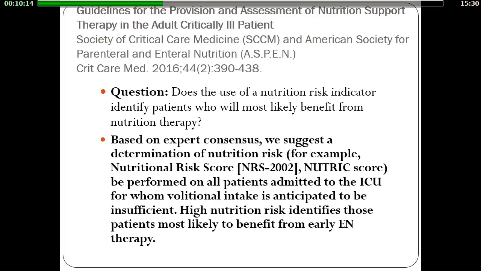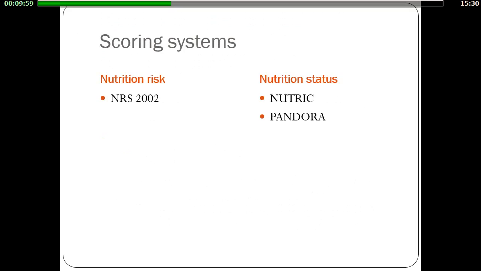High nutrition risk will identify those patients most likely to benefit from early enteral nutrition therapy. So in other words, this panel of experts recommends to use a score to assess the nutritional status in critically ill patients.